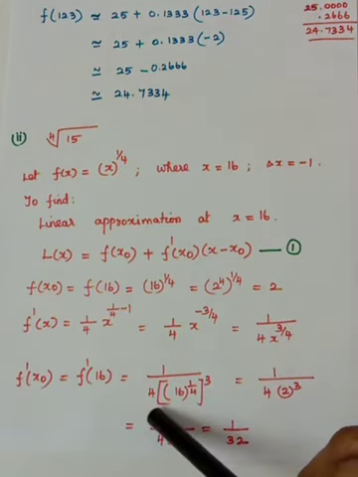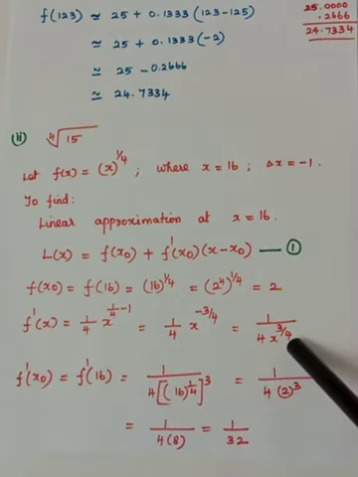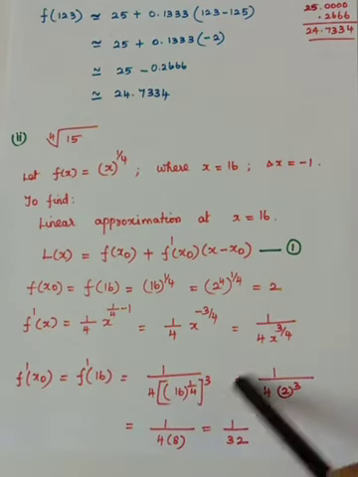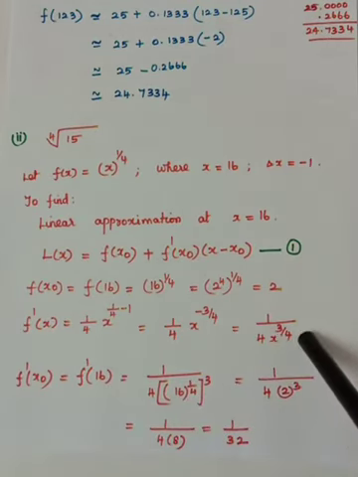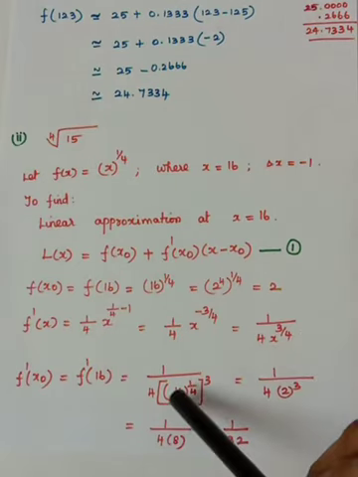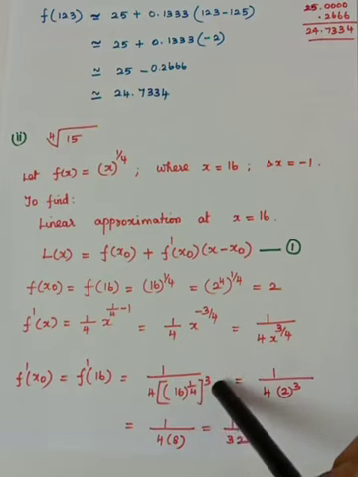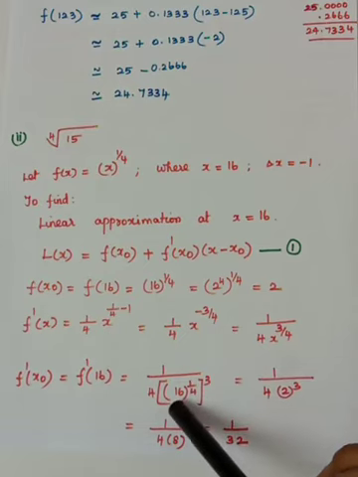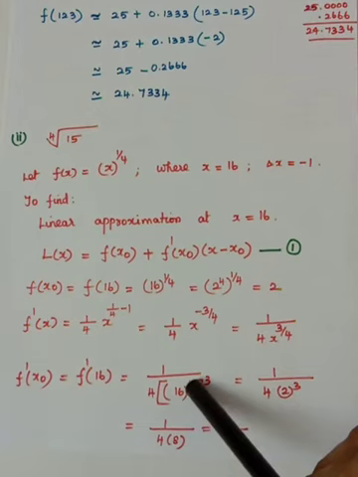So it is 1 by 4, 16 to the power 1 by 4 to the power 3, because here you are having x to the power 3 by 4. In the place of x, you have to substitute 16. So 16 to the power 1 by 4, the whole cube. 16 can be written as 2 power 4, so 2 power 4 and 1 by 4, the powers cancel.